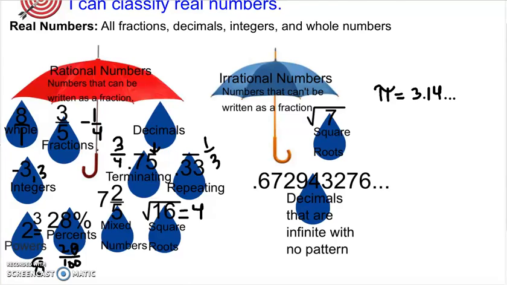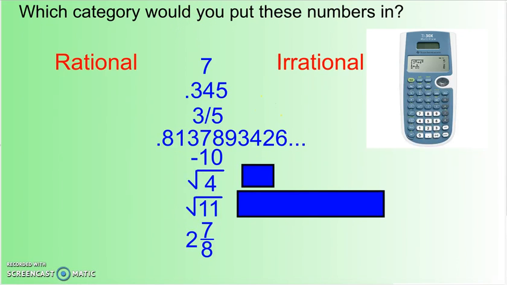So today what you're going to be doing is putting them in different categories. You need to determine which category these numbers would be in. Are they rational numbers or are they irrational numbers? For instance, 7. Which category would 7 be in? You are absolutely right.